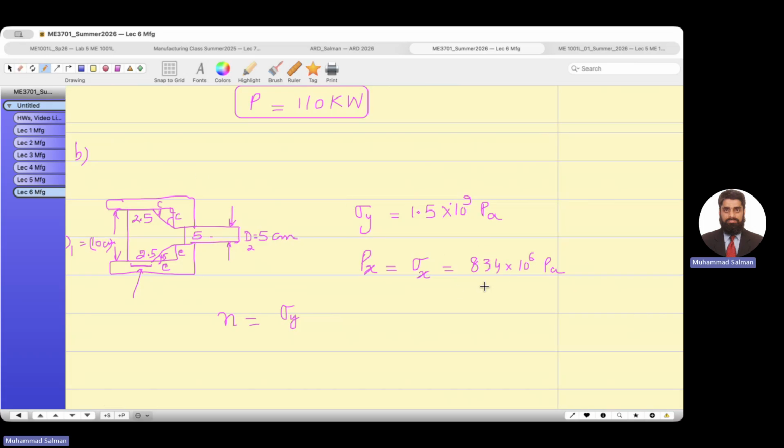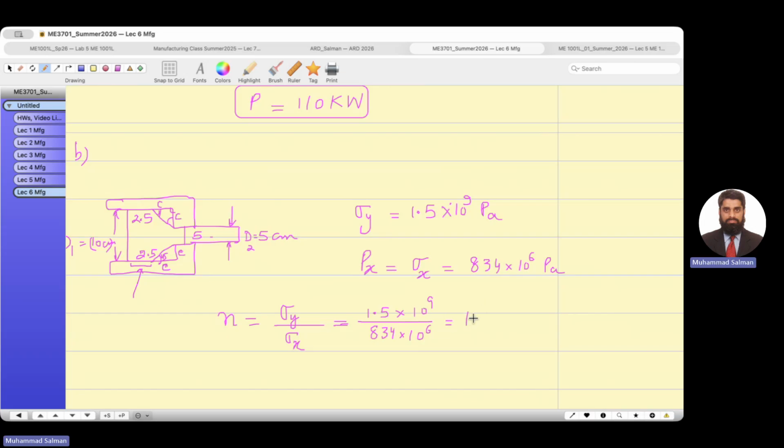And the RAM has its yielding stress divided by the applied stress. So what is the ratio? If you get more than one, it's a factor of safety. How much do you get? Is the RAM safe or will it break? Let's do the math. 1.5 times 10 to the power 9, divided by 834 times 10 to the power 6. How much?